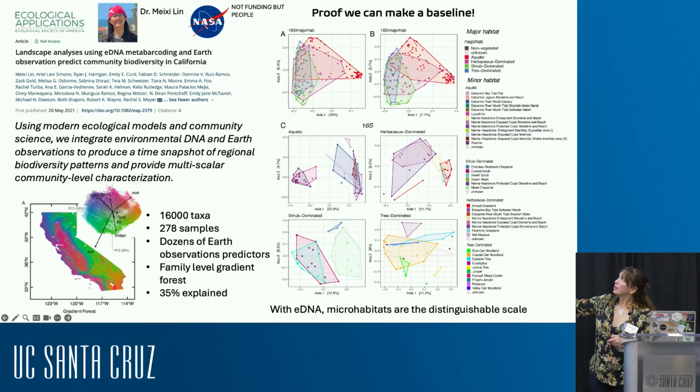And we could see that, yes, we can actually, with 35% explained, it's not great, but it's not terrible, we can actually model California's biodiversity. And we can see that at the macrohabitat scale, we don't really see any separation out of eDNA. Like, it's too lumped. But at the microhabitat scale, we see very distinct clustering. So eDNA is working really well at the microhabitat scale.